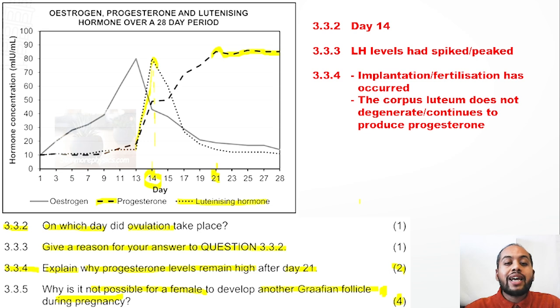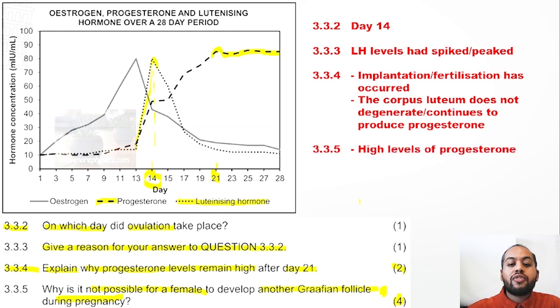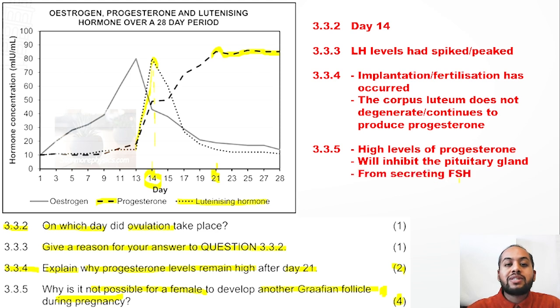If follicle-stimulating hormone is not released, then a new primary follicle cannot be released and it cannot grow into a Graafian follicle. So to answer 3.3.5, high levels of progesterone will inhibit the pituitary gland from secreting FSH, follicle stimulating hormone.